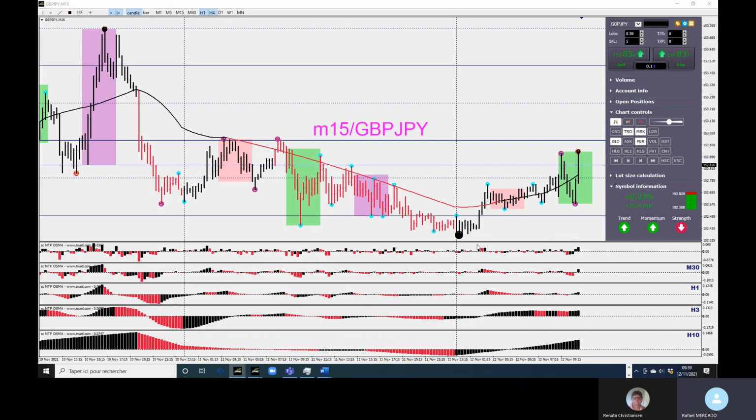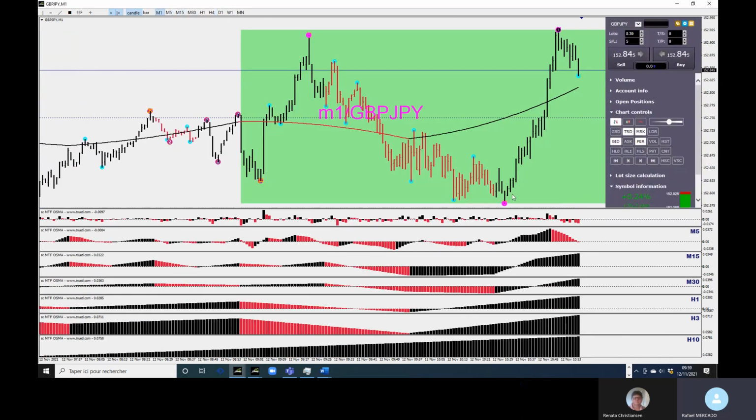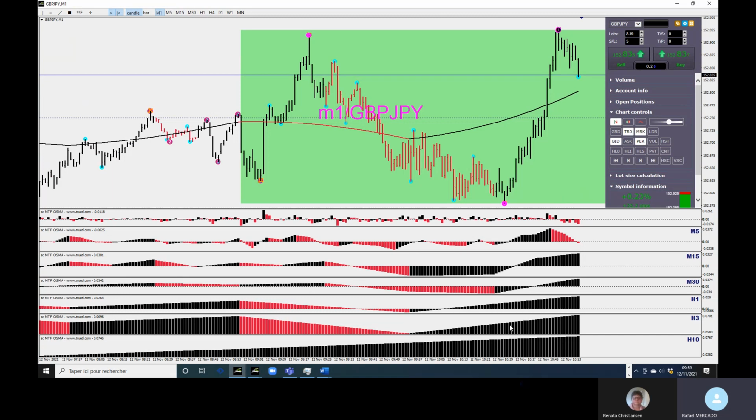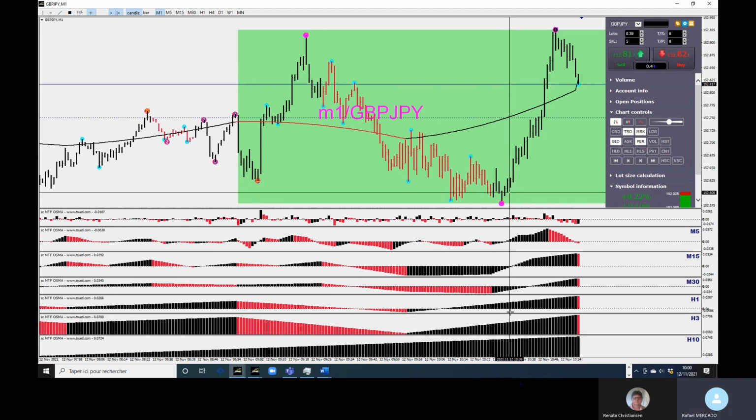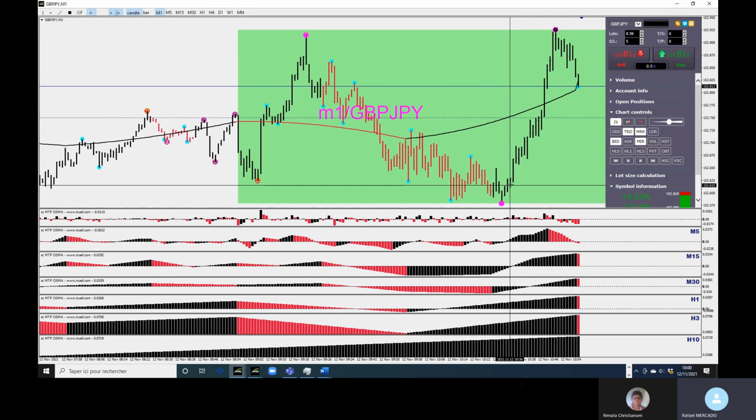I'm making H10 visible in my 1 minute, because like this I can see if I'm in the direction of the main direction. At that point here in the 1 minute, H3 wasn't ready yet because it flipped from red to blue right here, but I can take it here because, as you and Rajiv said this morning, H3 wasn't ready, but H10 and your major direction, your black ball, is at the bottom.